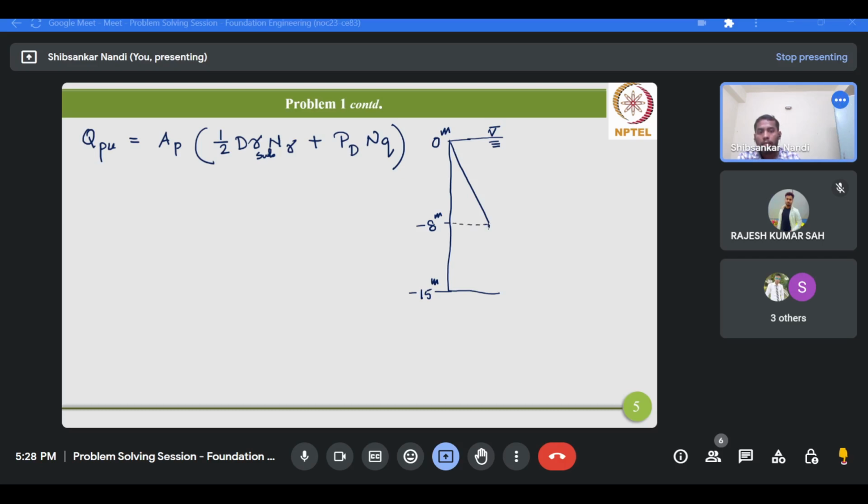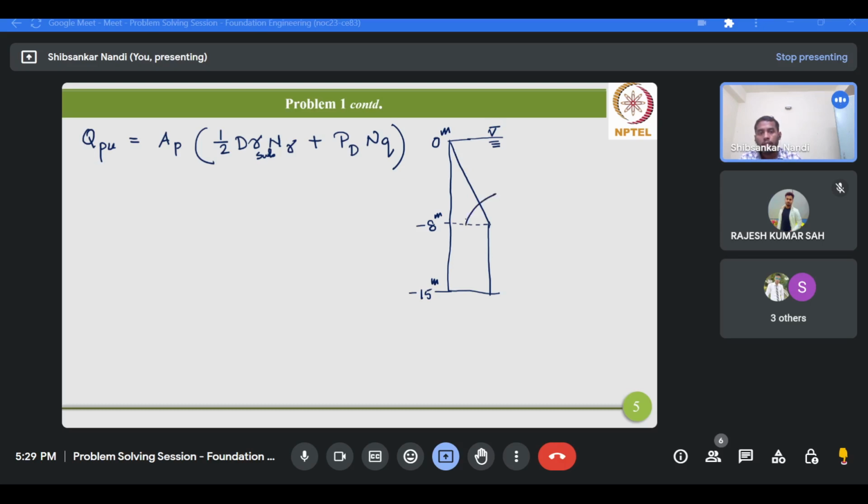Then for the remaining length of the pile, whatever value you have at the level of critical length will remain constant. So for the initial 8 meters of the pile length, you will have a linear variation in the effective overburden pressure. After that, the effective overburden pressure will become constant.